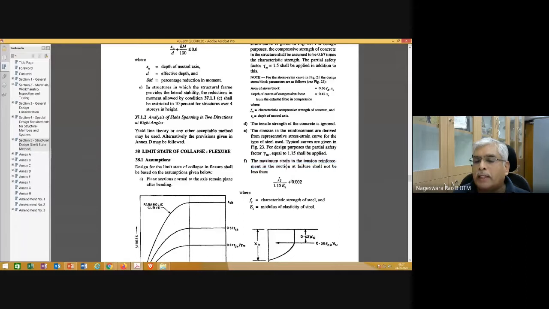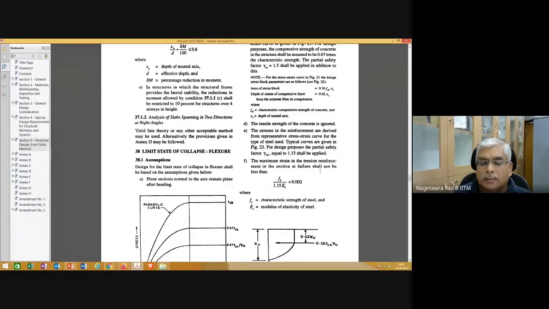What is this 0.002? It is coming from the definition of proof stress, the stress corresponding to 0.2% strain. So the maximum strain in tension reinforcement should be greater than this value.